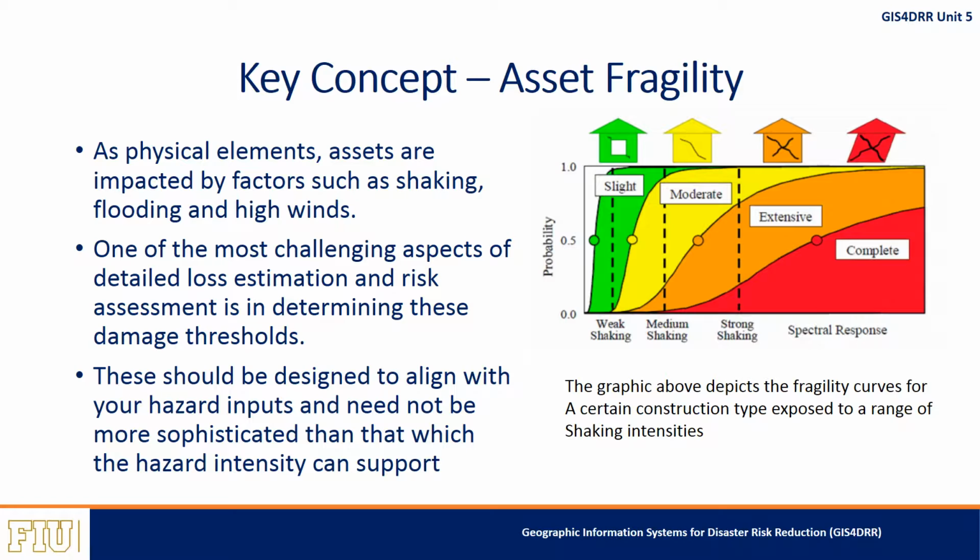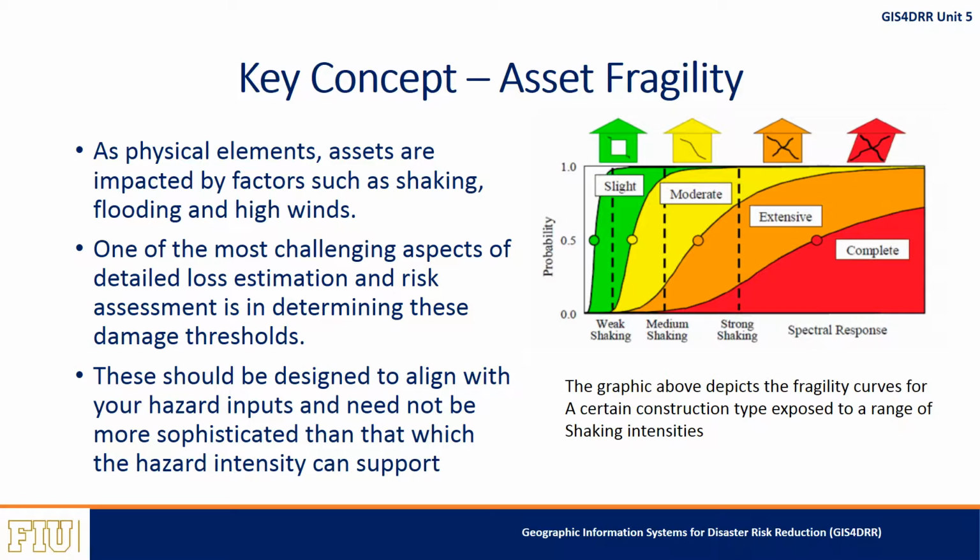So the probability of no damage or slight damage is high when there's weak shaking, and it changes considerably as you move across to the right. So as physical elements, assets are impacted by factors such as shaking, flooding, high winds.